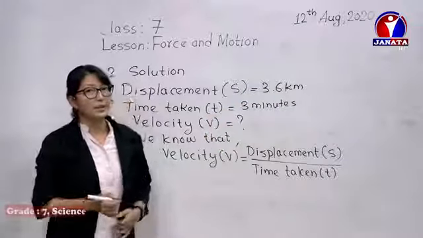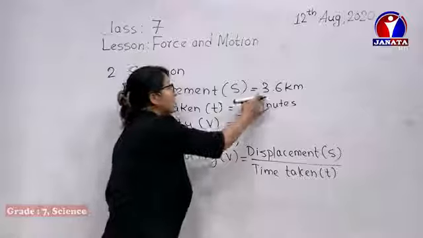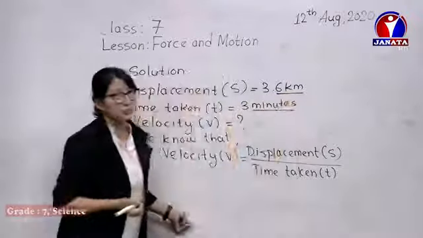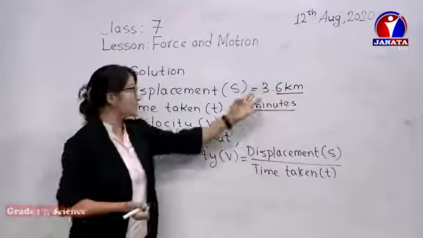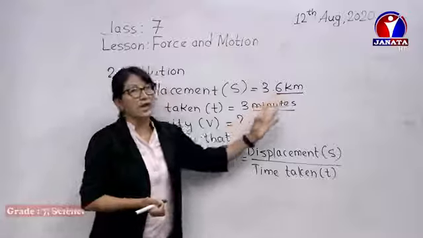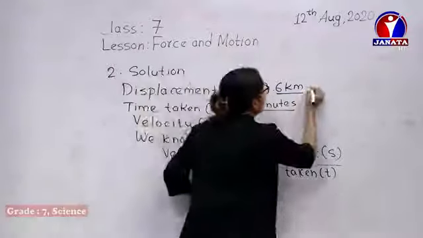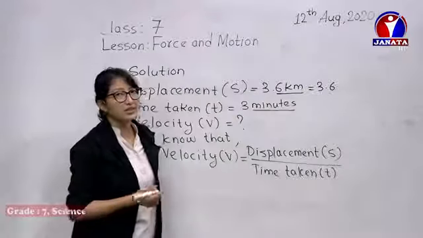What you have to keep in mind is we've learned about the SI system, so you have to convert. It's in kilometer and in minutes. It does not match, so we should change it into the SI system. Length is always measured in meter and time in seconds. We did this in the beginning of the class in the measurement lesson.